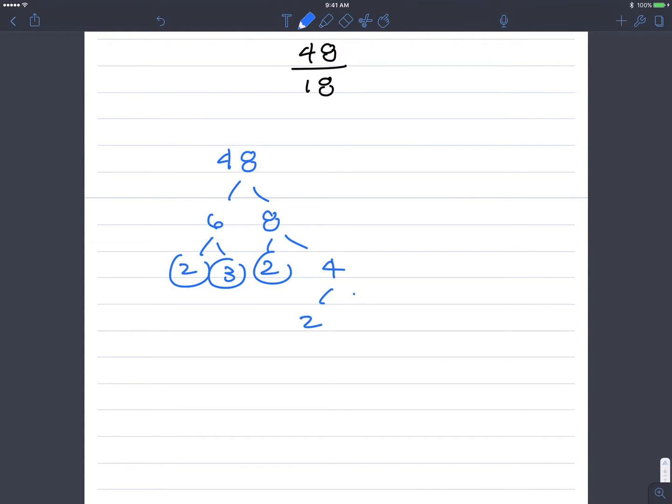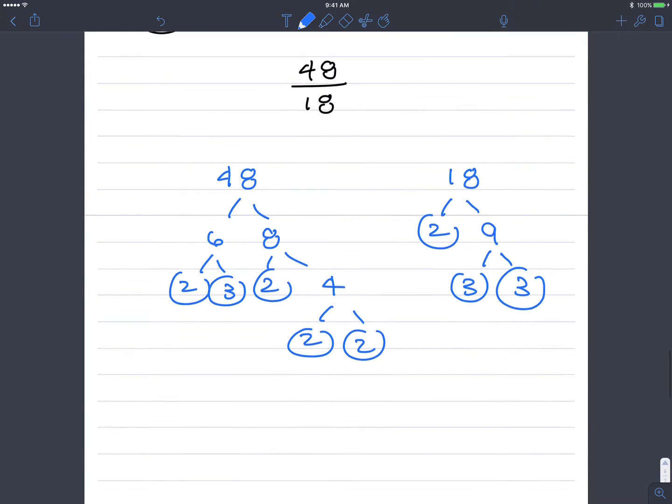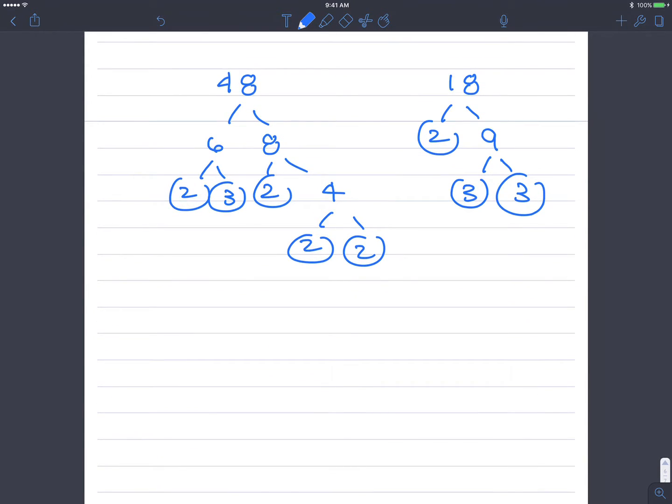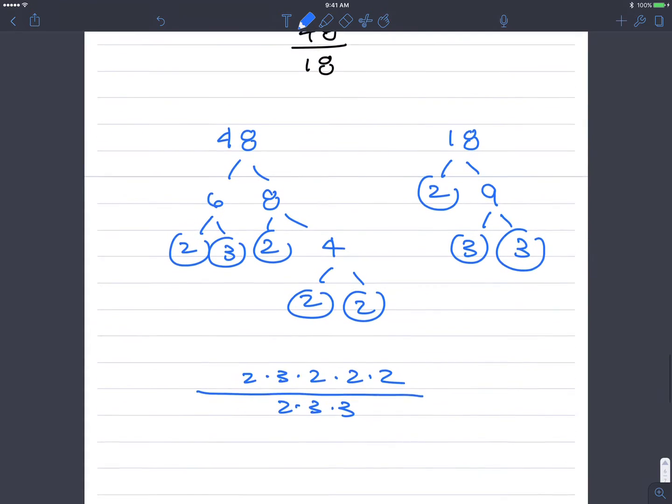And break 4 down. 2 times 2. 18. 2 times 9. And 9, 3 times 3. So we're going to write 48 as 2 times 3 times 2 times a couple of other 2's. And then 18 is 2 times 3 times 3.